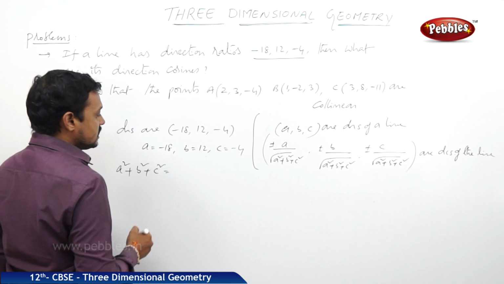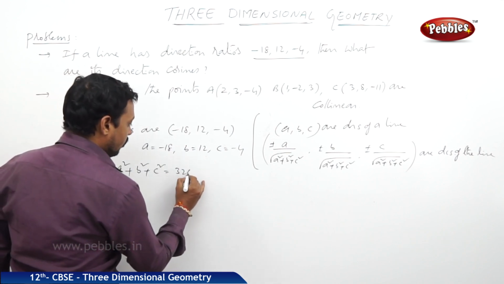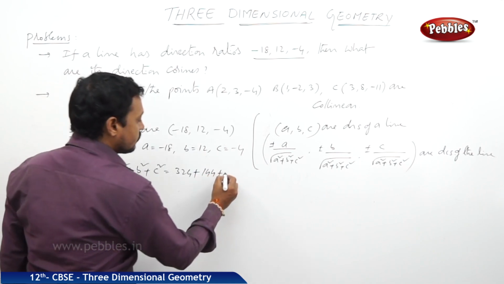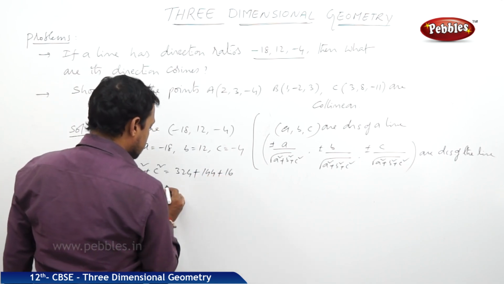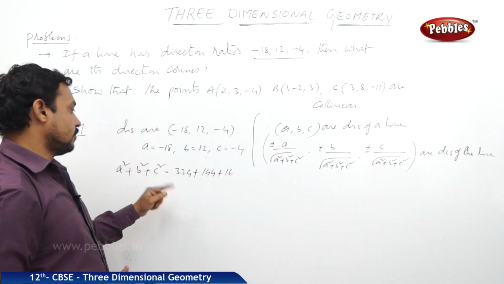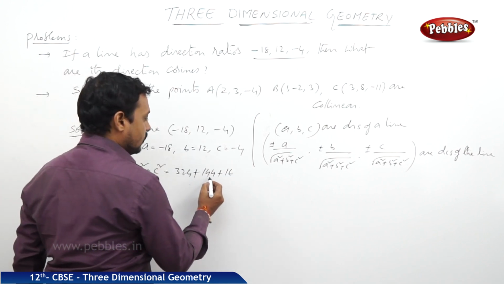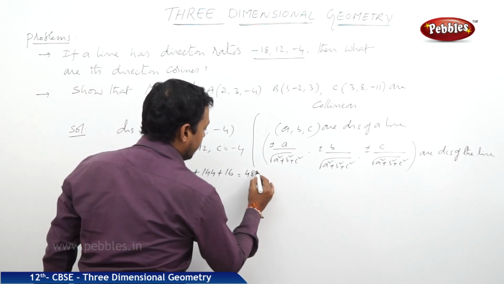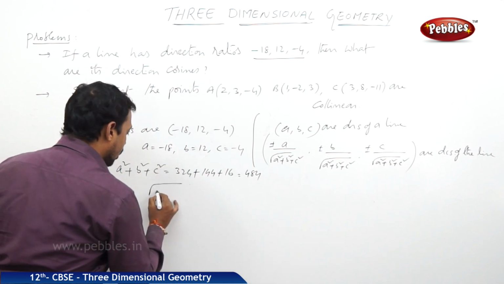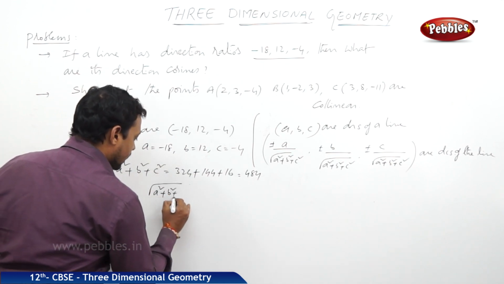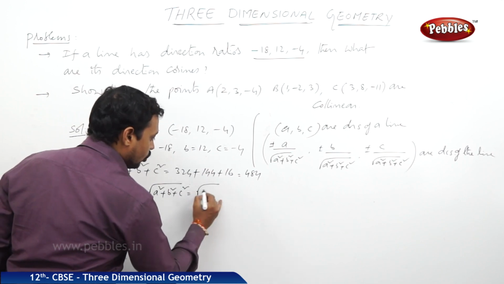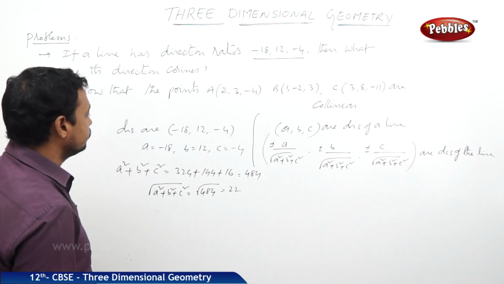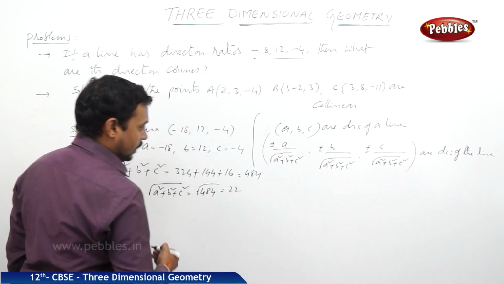Minus 18 whole square is 324, B square is 144, C square is 16. So A square plus B square plus C square is equal to 324 plus 144 plus 16, that is equal to 484. Now square root of A square plus B square plus C square is root over 484, that is equal to 22. Square root of 484 is 22.